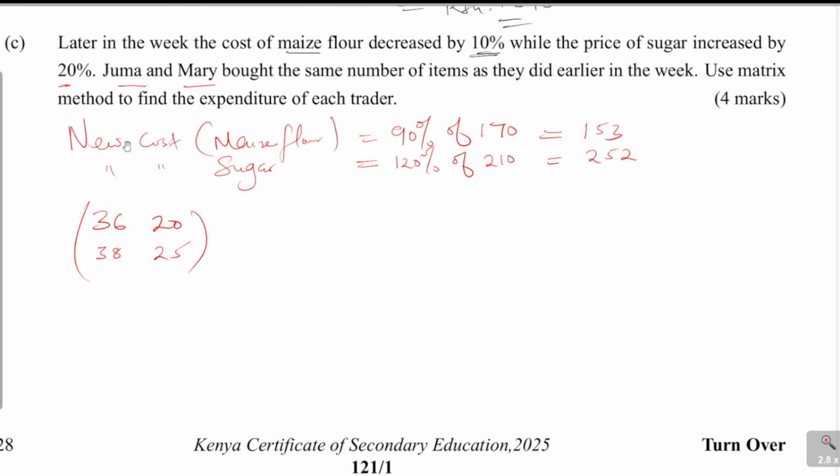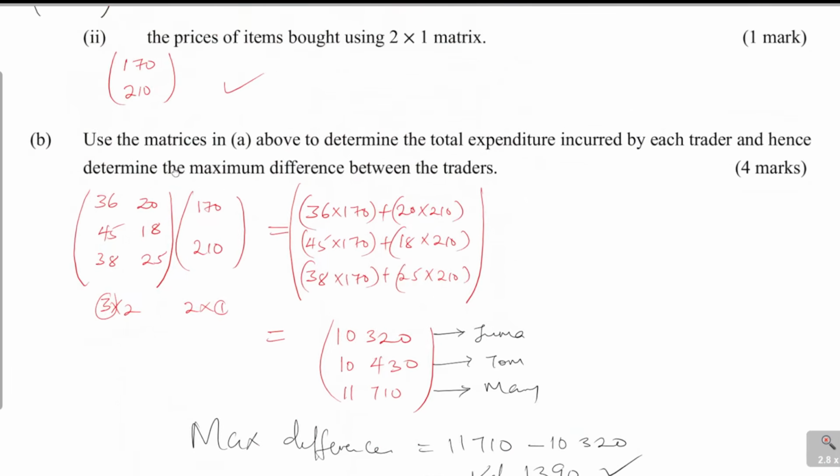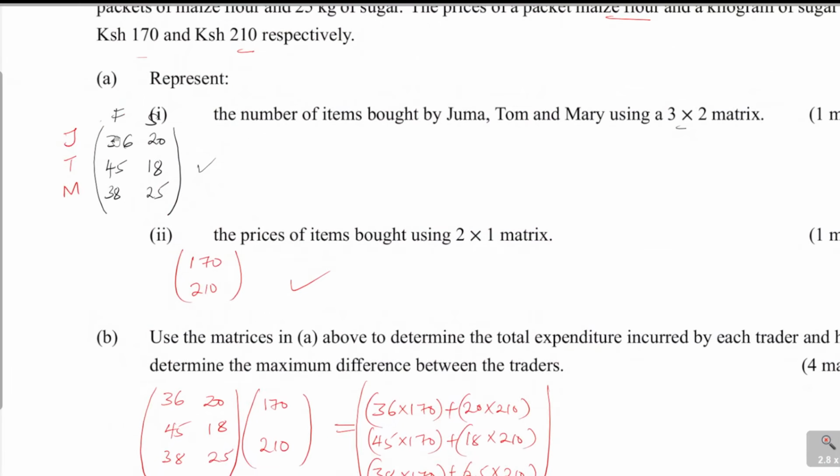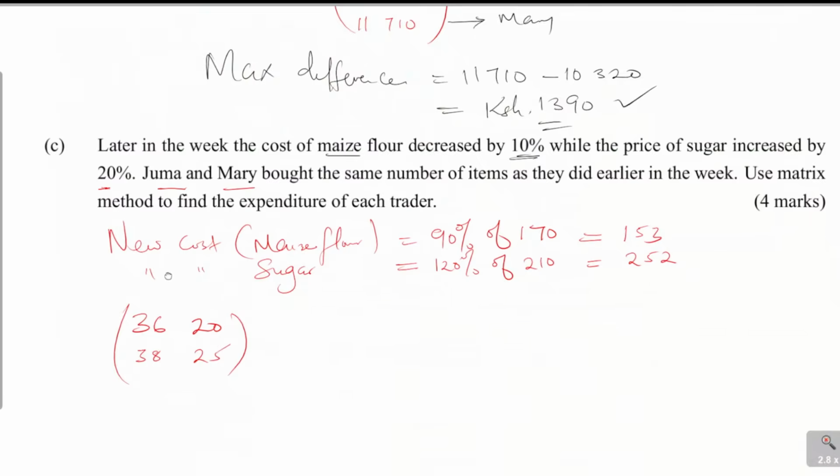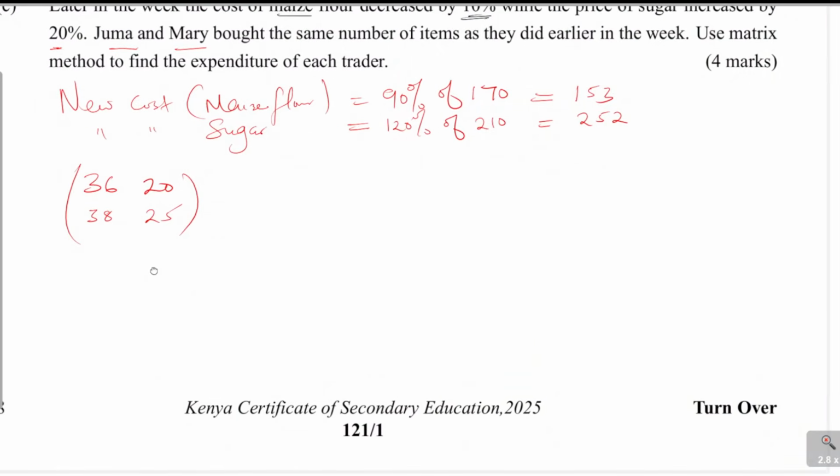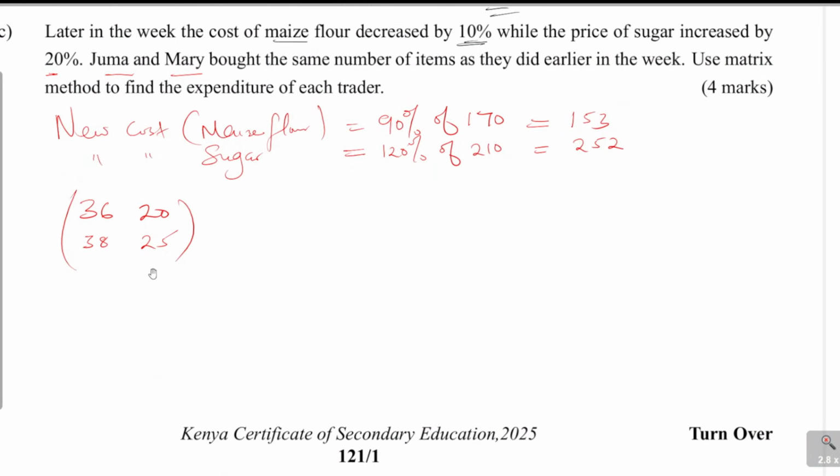I'm getting this from the matrix that we had formed initially. We are just using the two, Juma and Mary. Tom is not in there. So once we do that, we multiply by the new price, that is 153 and 252, like that.